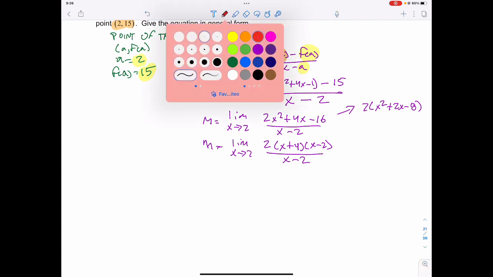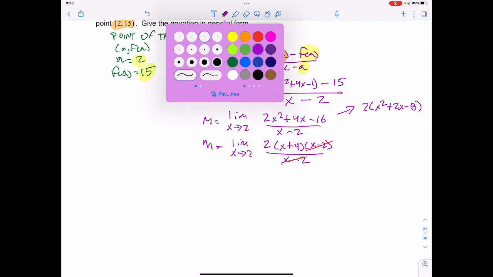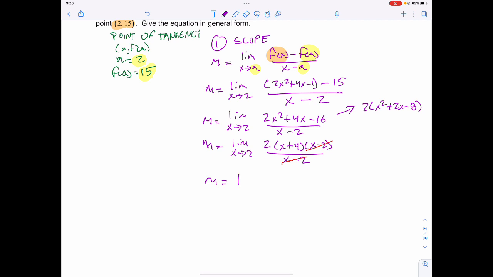I can see I have a common factor in the numerator and denominator that I'm going to eliminate. And my slope is the limit as x approaches 2 of 2 times x plus 4, which means, now that I can do direct substitution, it is 2 times 2 plus 4, which is 12. Remember that this is the representation of the slope at the point of tangency.